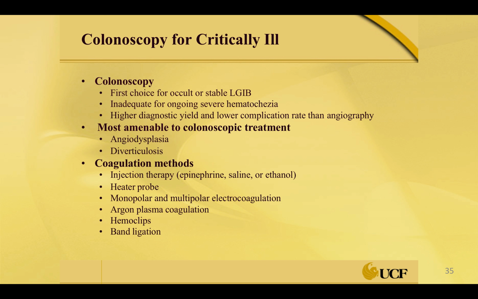Most amenable to colonoscopic treatment are angiodysplasia and diverticulosis. And we can use some coagulation methods, like injection therapy of ethanol, epinephrine, or saline, a heater probe, monopolar or multipolar electrocoagulation, argon plasma coagulation, hemoclips, and even band ligation.